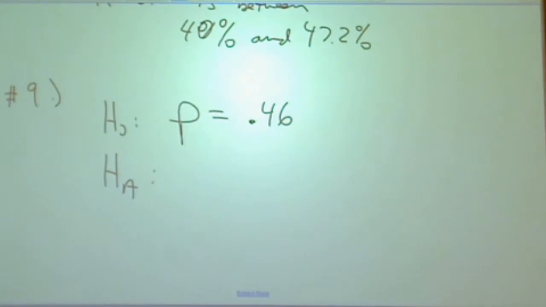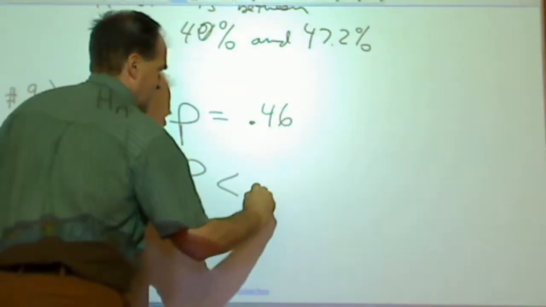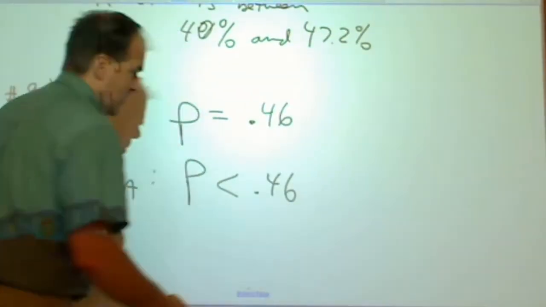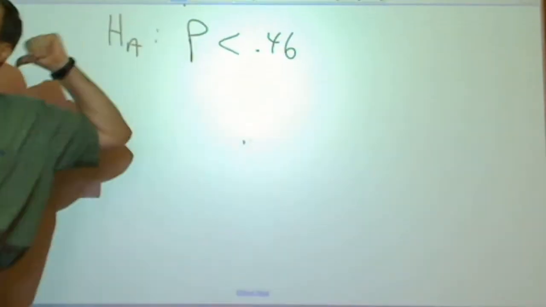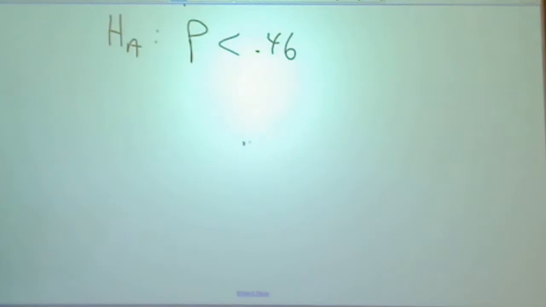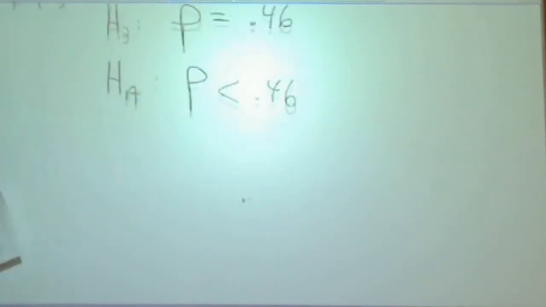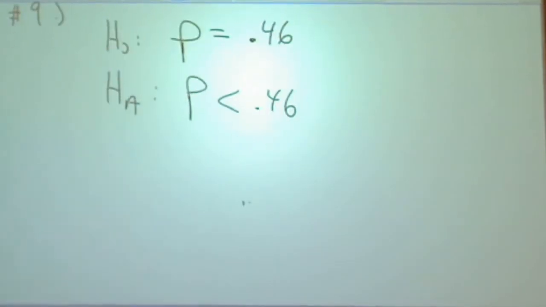Because that's the question, so you gotta read the question. We wanna know if it's less. And then we're going to do the low end tail, right? For the model, the only thing I need to do is, how do I get the model from this? What do you do?